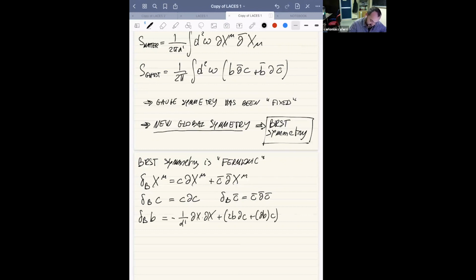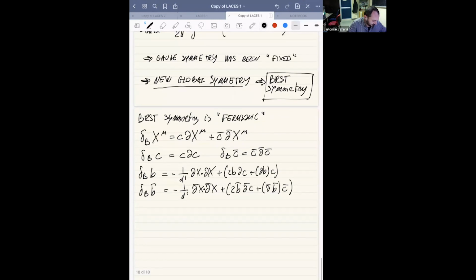This is the BRST variation of the ghost, and of course its friend, the anti-ghost, will have the anti-holomorphic variation ∂x. So here I have a scalar product, I hope you understand, plus 2B̄ ∂̄C̄ plus ∂̄B̄ C̄.